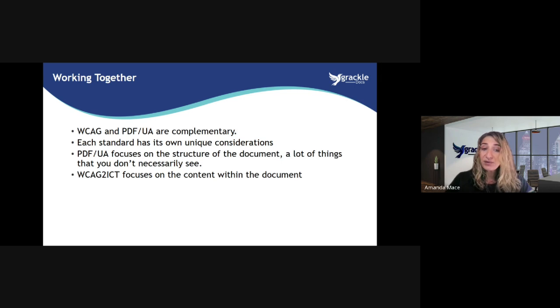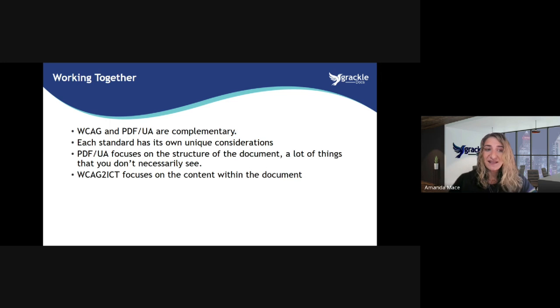So this is an important note because documents aren't the same as HTML pages. And there are some success criteria in WCAG that simply don't apply or would have to be slightly different, like a differently marked pass, fail, or best practice based on the different format.